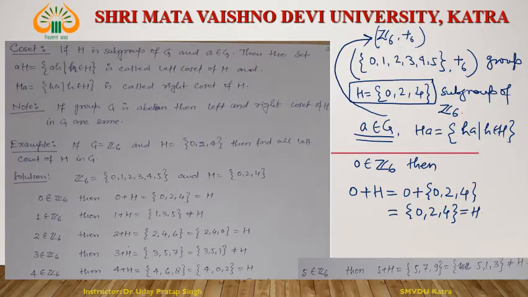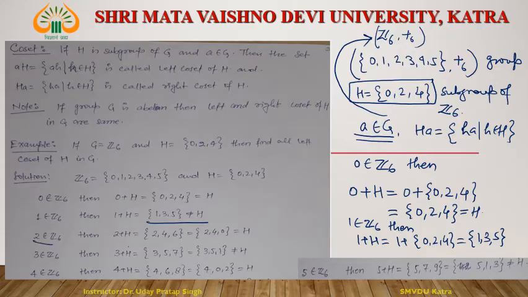Similarly, 1 belongs to Z6. Then 1 plus H, that is 1 plus {0, 2, 4}, is equal to 1 plus 0 is 1, 1 plus 2 is 3, and 1 plus 4 is 5. So 1, 3, 5 does not equal H. Okay.